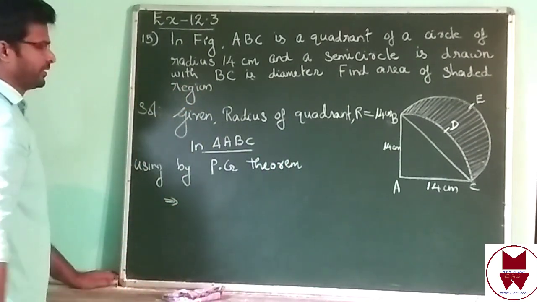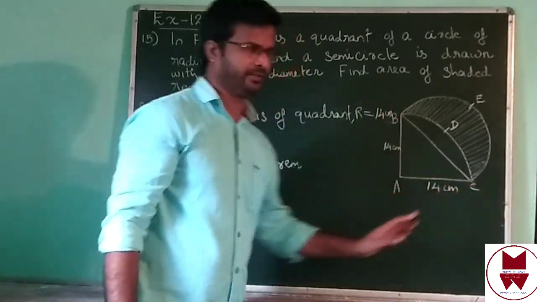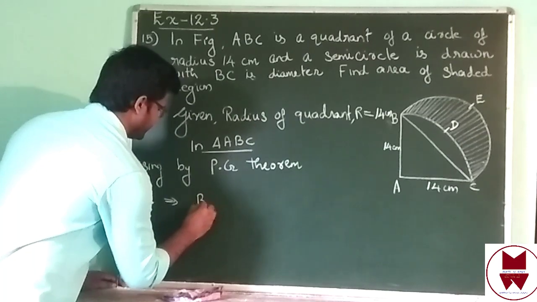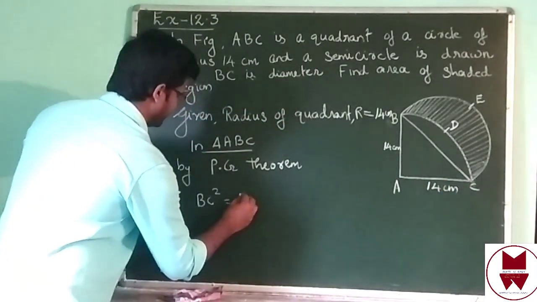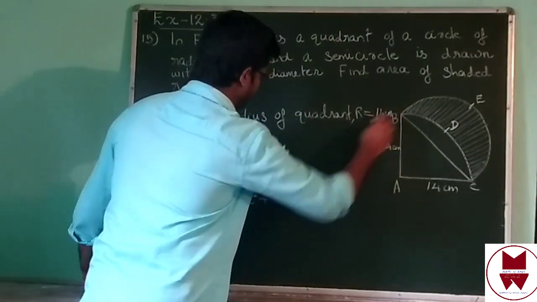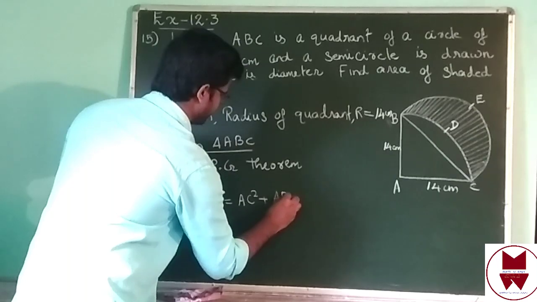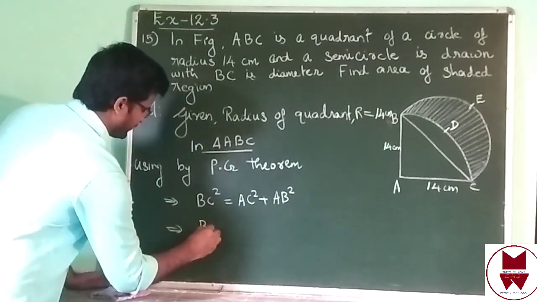What is Pythagoras theorem? Hypotenuse square equals base square plus height square. Hypotenuse here is BC, base means AC, height means AB. BC square we don't know.